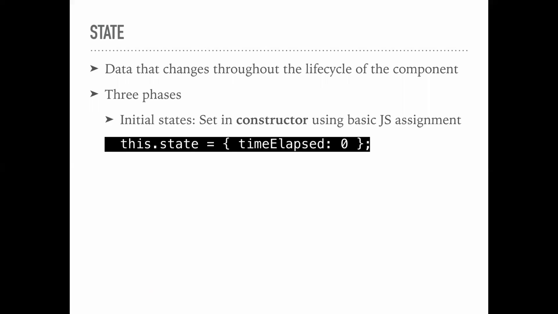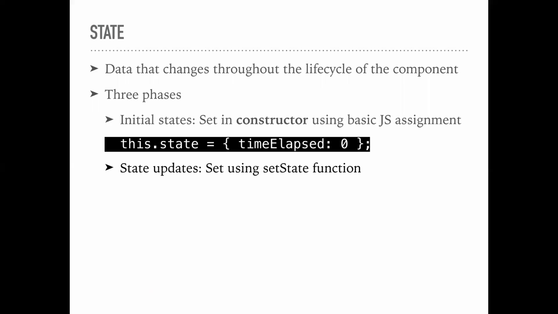So for example, time elapsed, 0, right? I'm going to build a timer, that's what I'm showing this. So when you have a timer, you start from 0, right? So in the constructor, you just write something like this: this.state is equal to 1. Okay? And this is only called when a component is created, when we call React.createElement or we write JSX code. That's when this is created, okay?